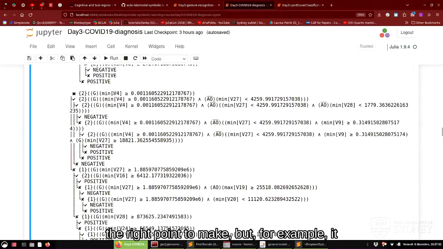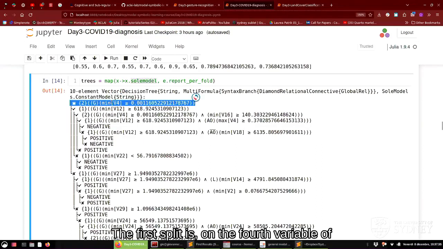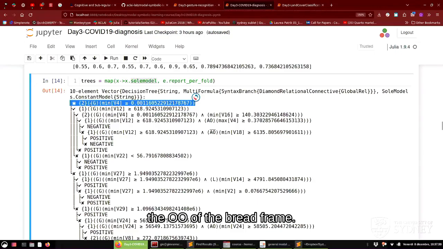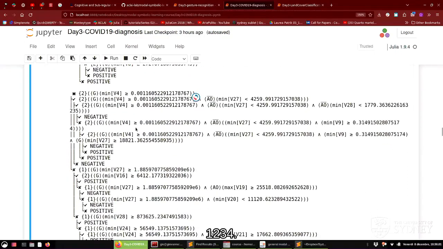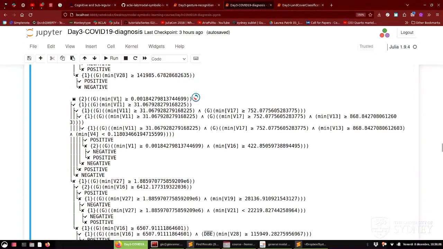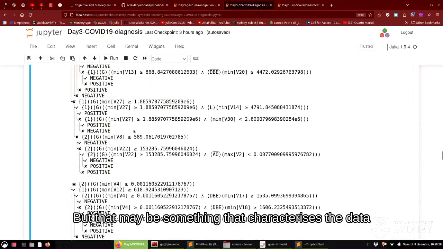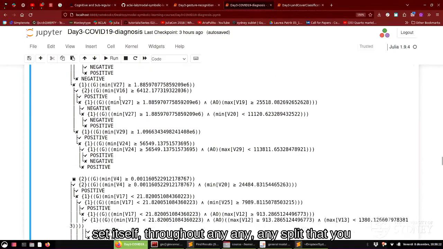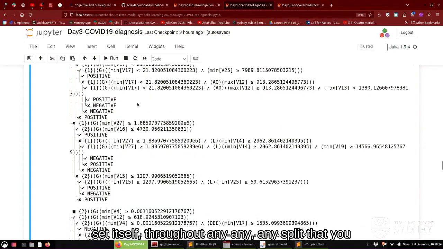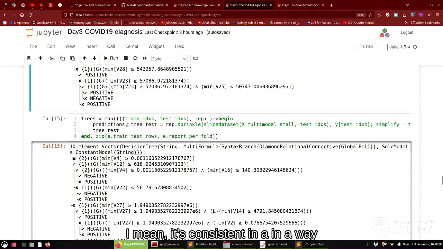Maybe that's not the right point to make, but for example, it is very often the first split is on the fourth variable of the breath frame. 1, 2, 3, 4. So that seems okay. One was not, but that may be something that characterizes the data set itself throughout any split that you can make. So maybe it's picking up. I mean, it's consistent in a way.